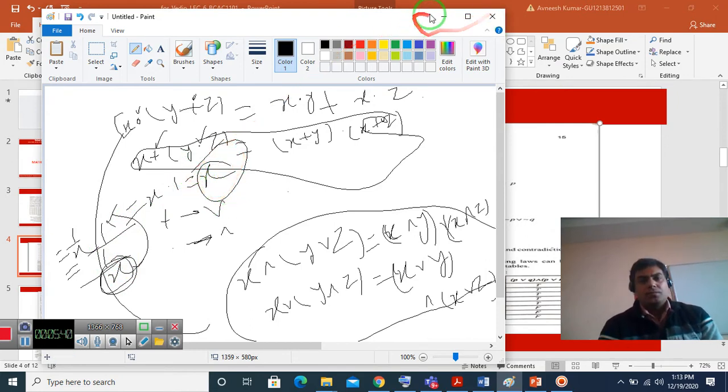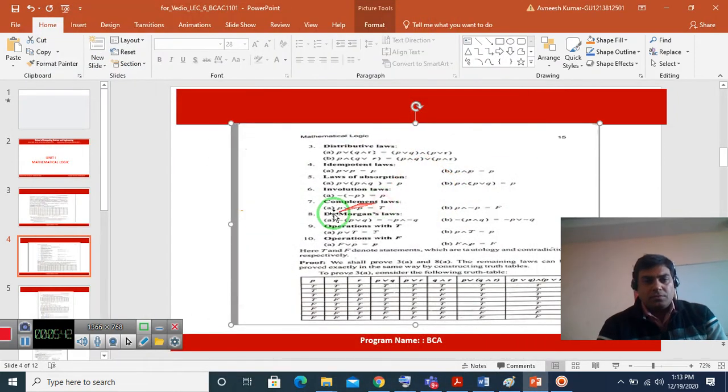So the double negation is cancelled, and it becomes the normal value.